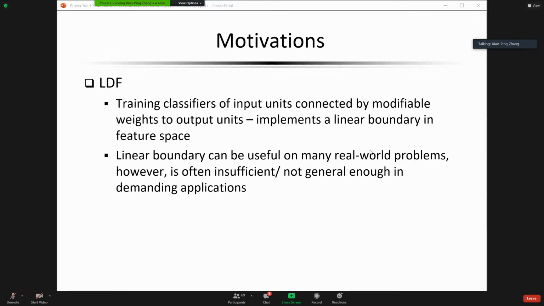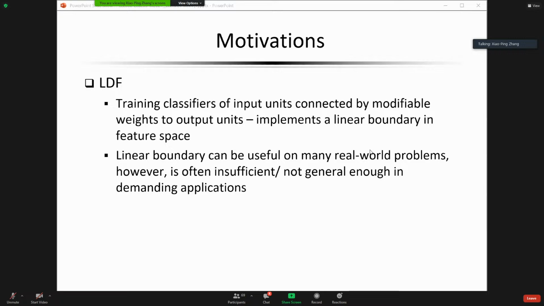We modify the weights such that we can achieve the optimal result in terms of the criterion function. It can be minimum error or minimum squared error. And the linear boundary in general is very useful in real world problems.